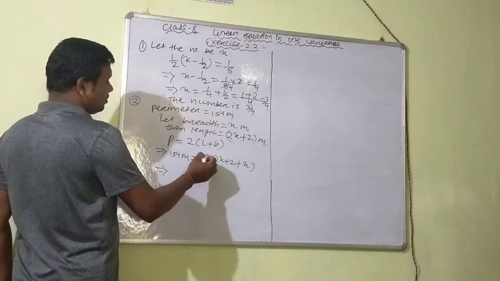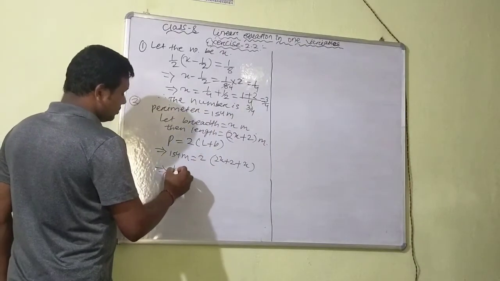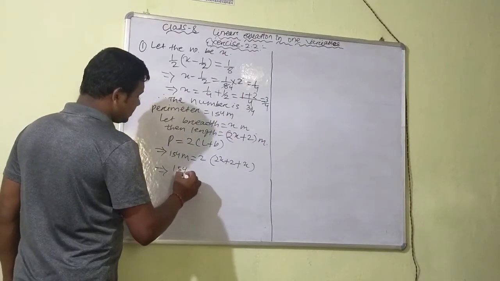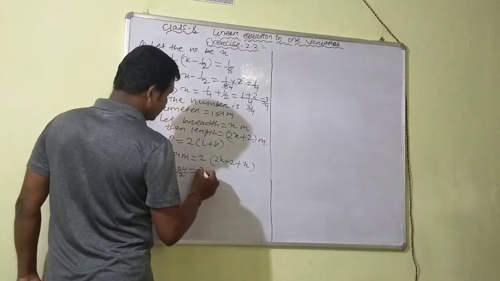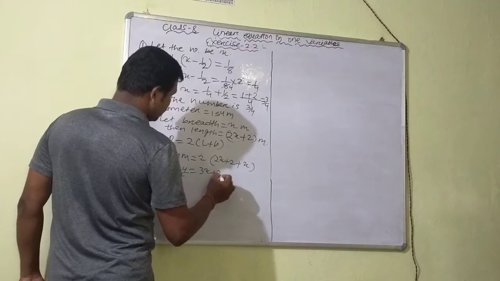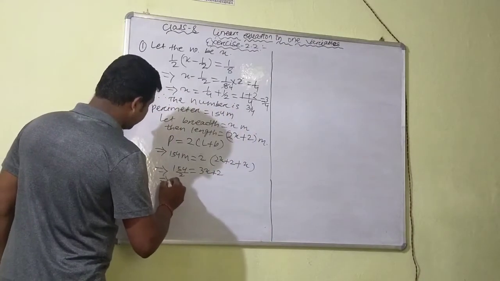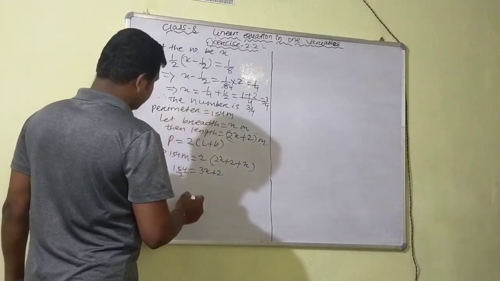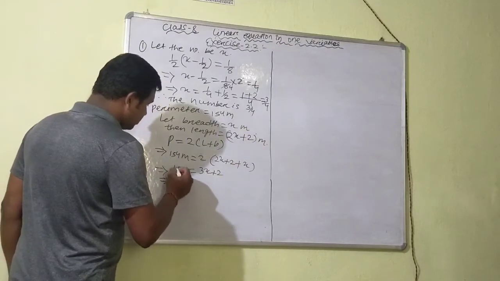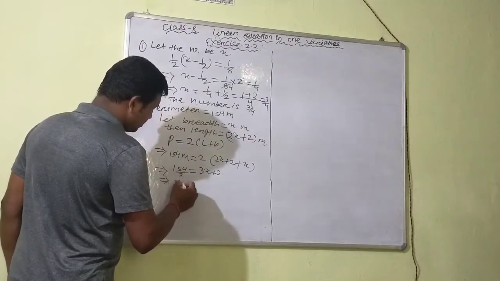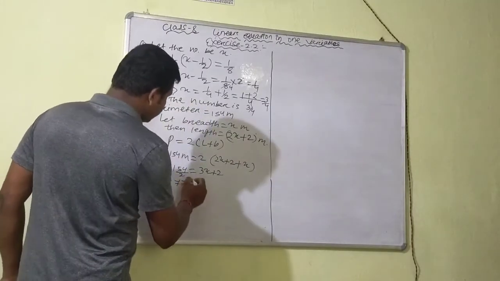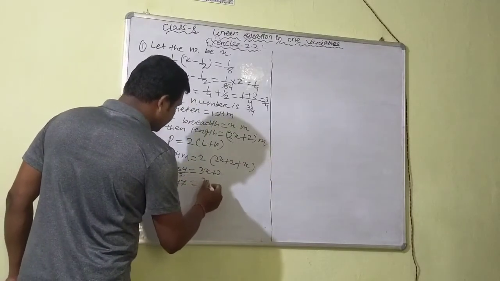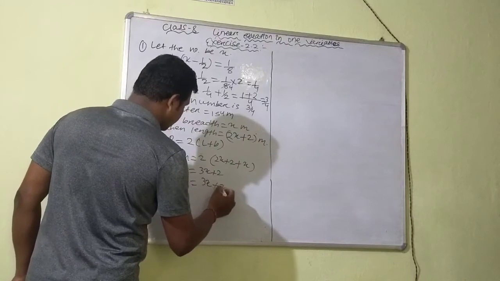Here 2 is transposed to the left hand side and will be divided, and 2x plus x, that is 3x plus 2, and 77 in the left hand side after simplification, that is 3x plus 2.